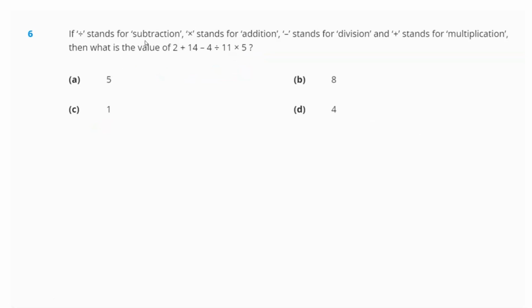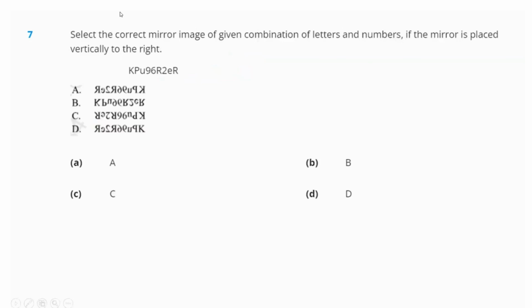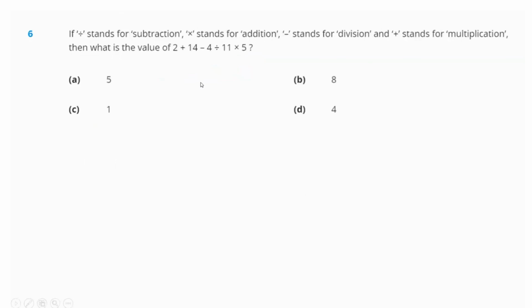It says, if divide stands for subtraction, multiplication stands for addition, minus stands for division, and plus stands for multiplication, then what is the value of 2 plus 14 minus 4 divided by 11 into 5? Let's write it. 2 plus 14 minus 4 divided by 11 multiplied by 5.